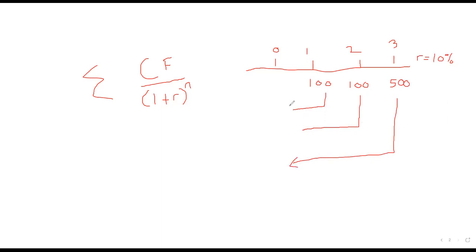So we divide by 1 plus R to the power N. This will be 100, which is the cash flow in year 1. Our rate is 10%, so R is 0.10. We add it to the 1 and get 1.1, so 1.1 to the power 1.